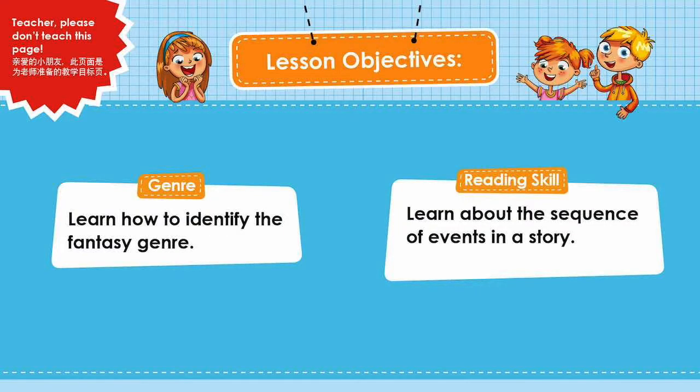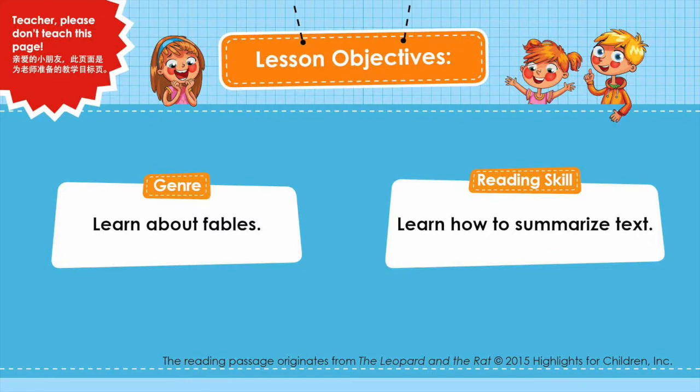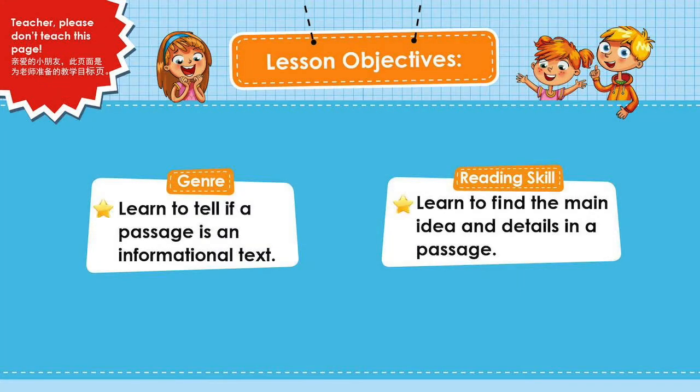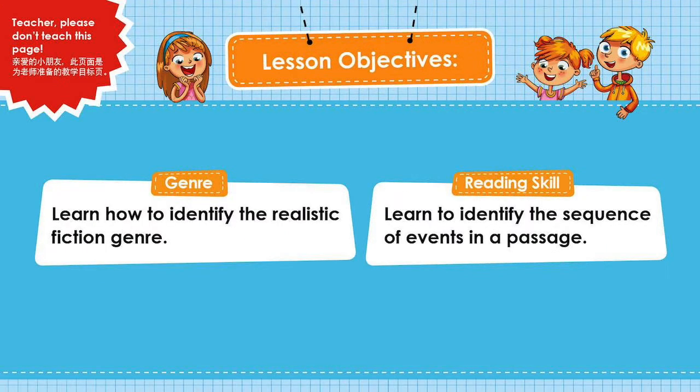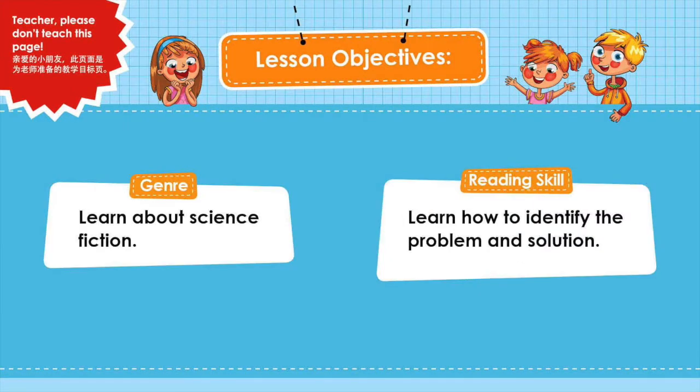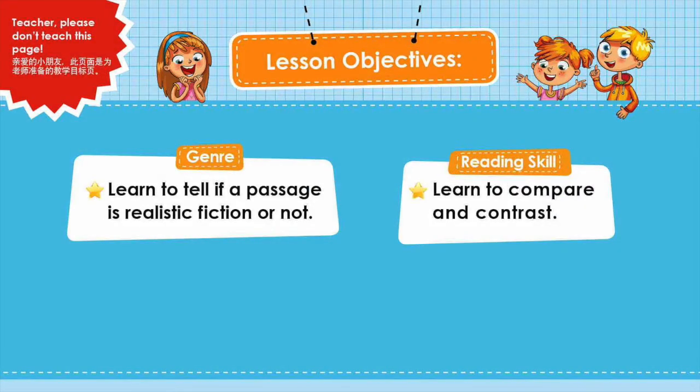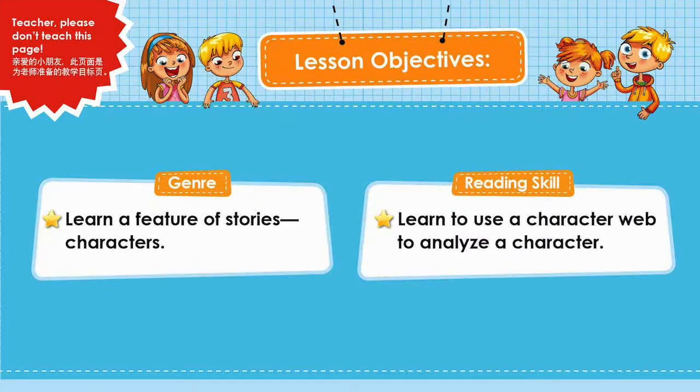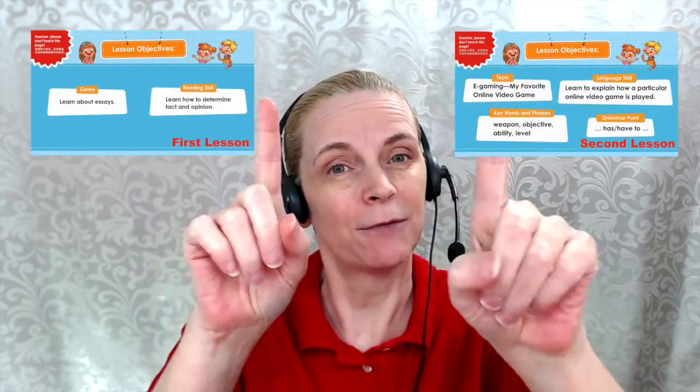See, instead of vocabulary, grammar, and sentence patterns, these lessons focus on things like literature genres, summarizing passages of text, identifying main ideas, sequencing stories, fact versus opinion, problem versus solution, compare and contrast, analyzing characters, and other literary skills. Every week you will teach one of each of these 2 different types of lessons.